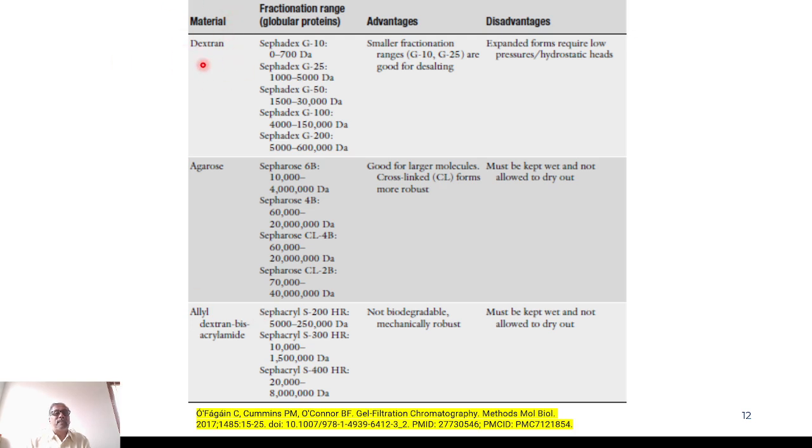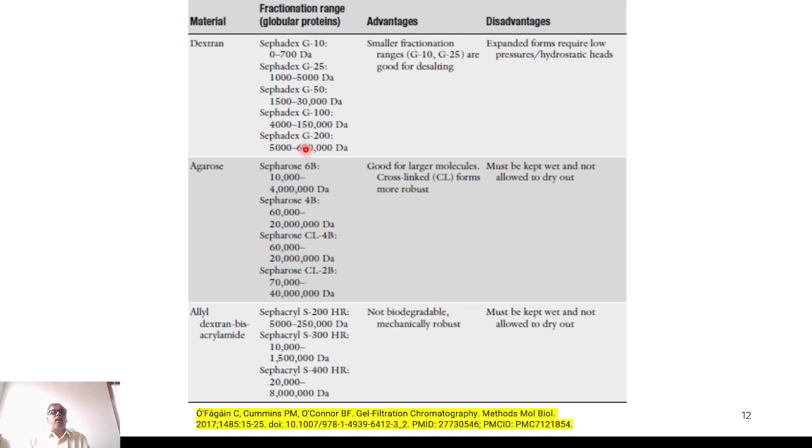If you use dextran gels, that is Sephadex, you can separate molecules with lower molecular weight. It is good to purify low molecular weight molecules. But if you have decided to go for larger molecular weight molecules, better go for agarose. You can separate molecules up to 40,000 kilodalton, whereas here it is only up to 600 kilodalton.